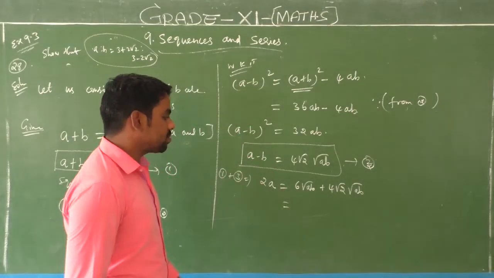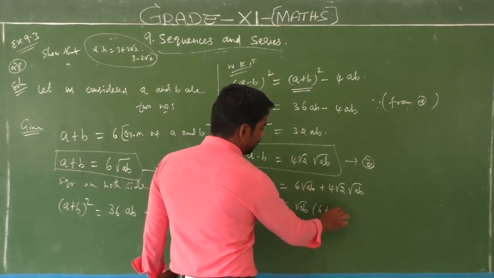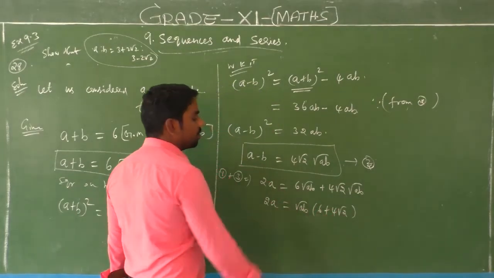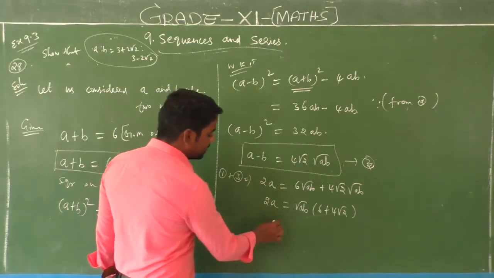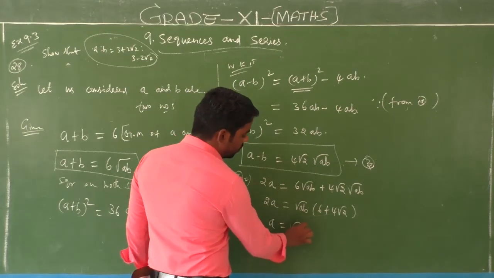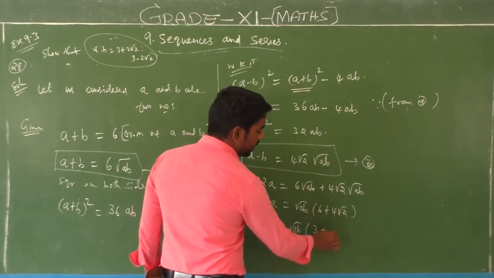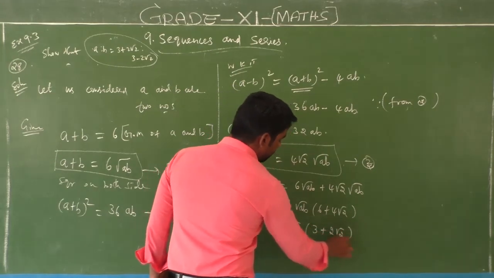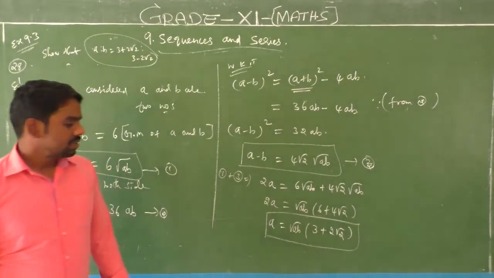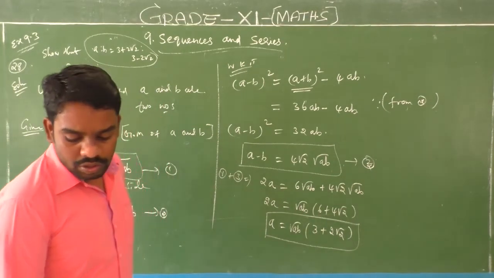Here root AB is common, so 2A is equal to root AB of 6 plus 4 root 2. Then A is equal to that divided by 2: 6 by 2 is 3, 4 root 2 by 2 is 2 root 2. So A is equal to root AB of 3 plus 2 root 2.